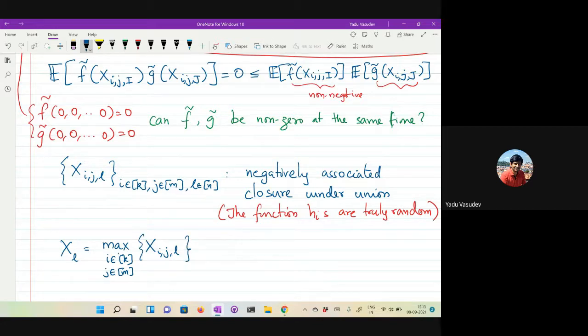Look at this random variable. What can you say about this random variable? What values will it take and when?